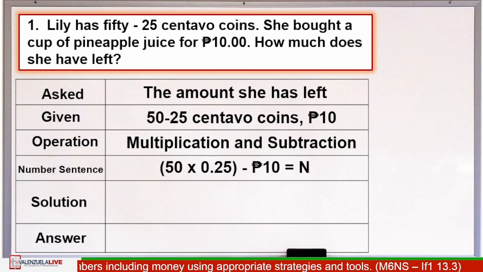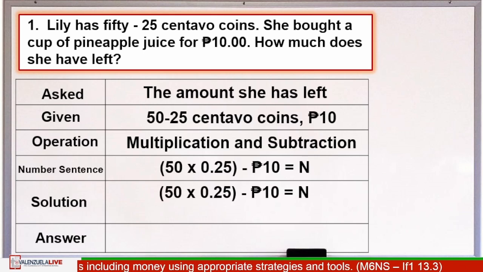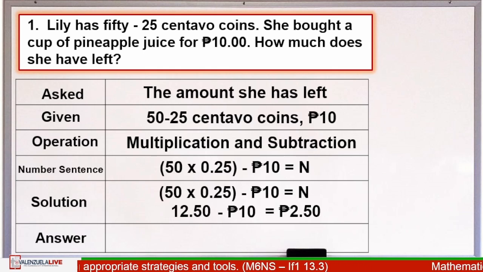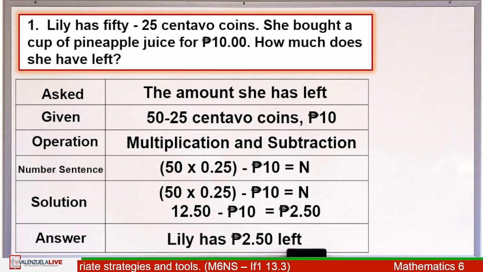For the solution, 50 times 25 centavos is equal to 12 pesos and 50 centavos, minus 10 pesos is equal to 2 pesos and 50 centavos. Therefore, the complete answer is Lily has 2 pesos and 50 centavos left.